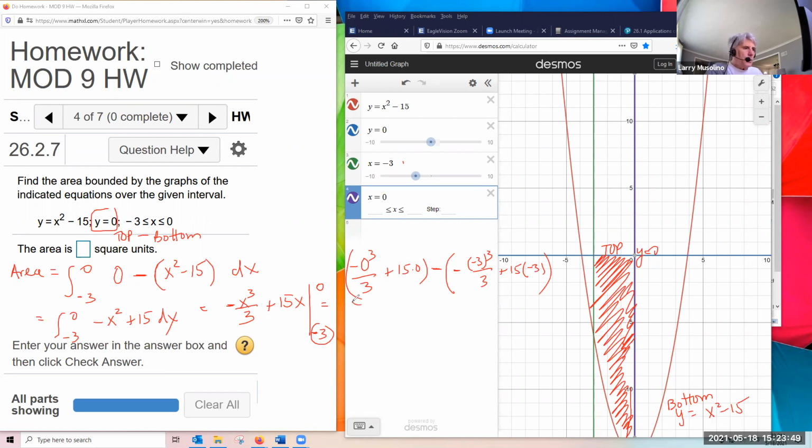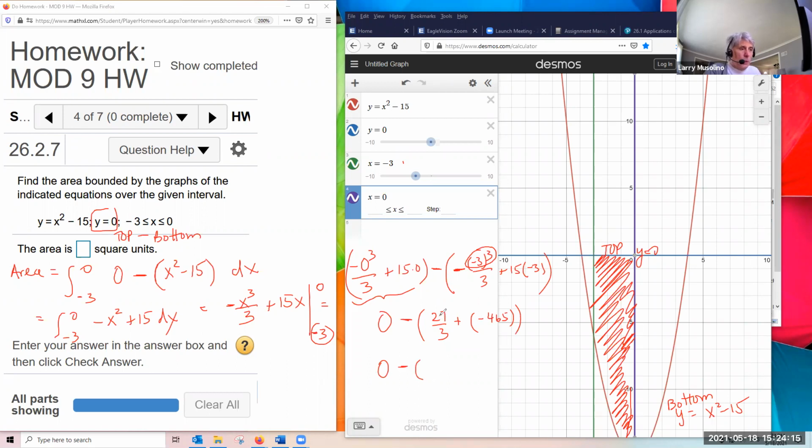All right, well, I'm just going to work this out. This first parenthesis is just 0. -3 to the third is -27, but there's a negative sign in front. So that's going to make it positive 27. And in the back here, 15 times -31 is -465. All right.